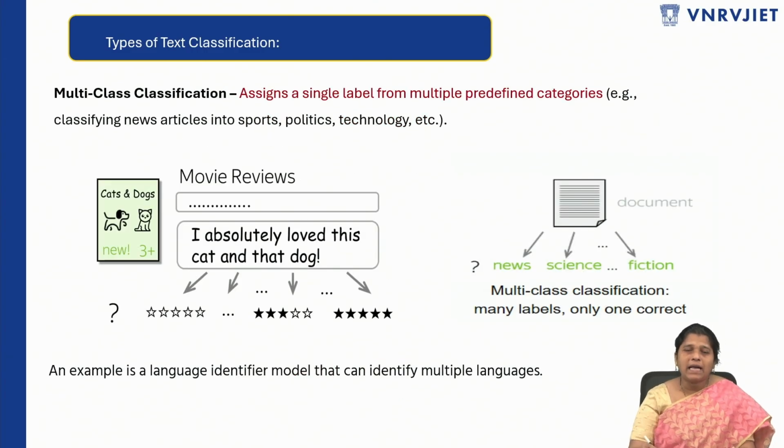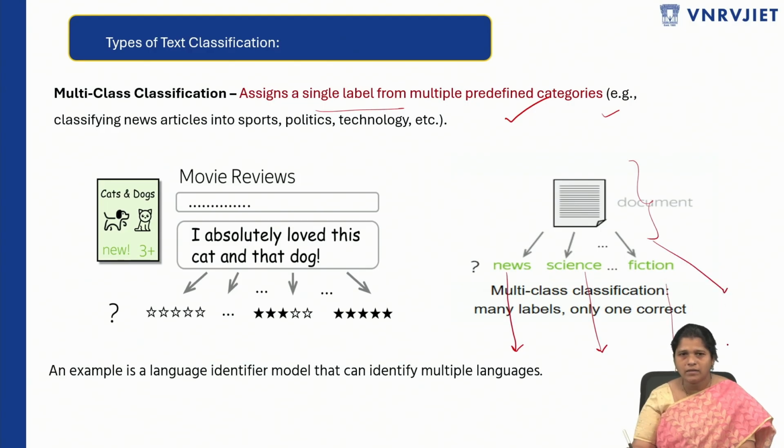Next is multi-class classification. It assigns a single label from multiple predefined categories. I repeat, you are assigning a single label from multiple predefined categories. For example, with articles, in multi-class classification I have all the documents of a newspaper, where I have to categorize them into news, science articles, fiction, jokes, and so on.